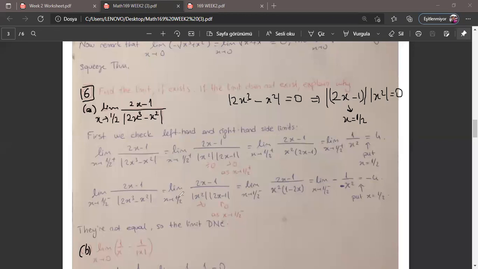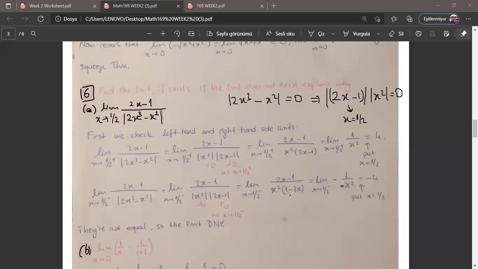Now for that one, we have the same equalities. Now we're approaching 1 over 2 from left. So this is always greater than 0, so we can write it outside of the absolute value. Now this is less than 0, right? The values of x are less than 1 over 2, so this will be negative. So we can multiply it by negative and write it without absolute value. So we have 1 minus 2x.